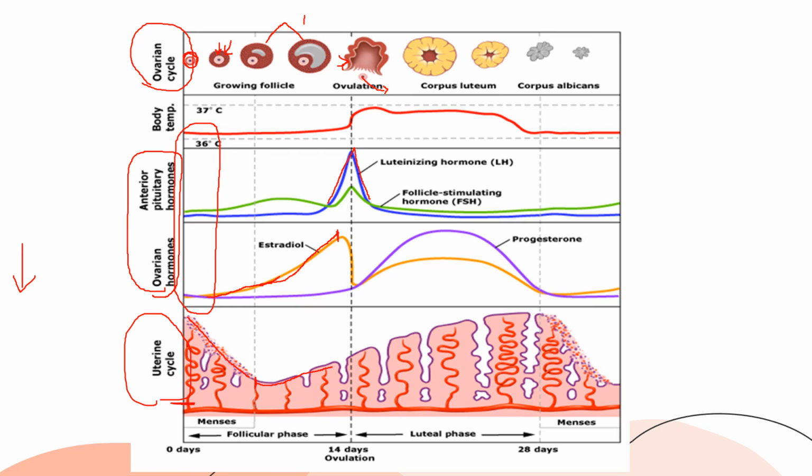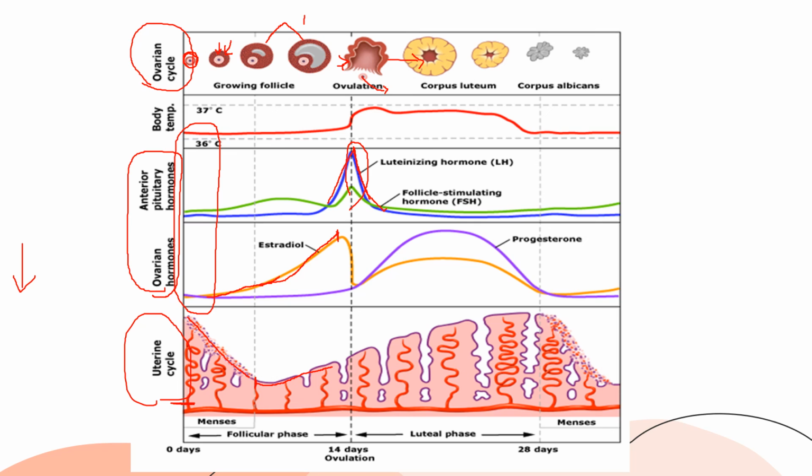Now, this high level of luteinizing hormone and FSH is going to be detected by our hypothalamus, and it is going to turn off the GnRH, which would mean the levels of those two hormones are going to start to decline. Meanwhile, in our ovary, that Graafian follicle that just ovulated is going to degenerate into the corpus luteum.